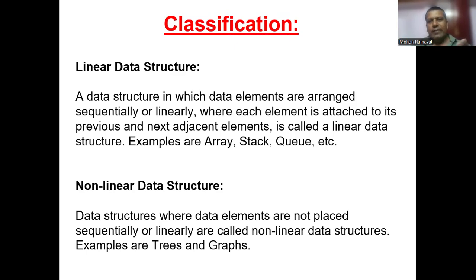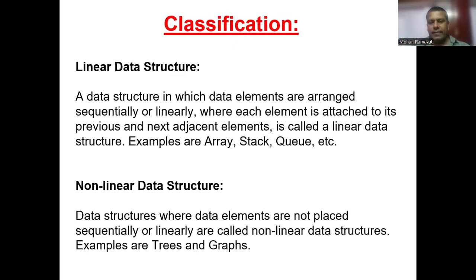Say you are storing the marks of students in a particular subject, let us say data structures, where the marks of all the students of a particular class are arranged or stored in an array. Other examples of linear data structures are stacks and queues, etc.